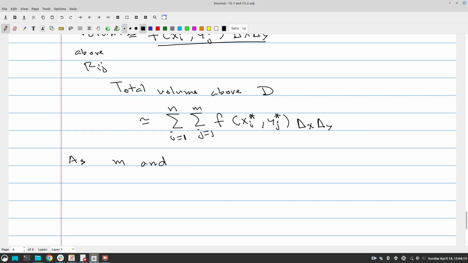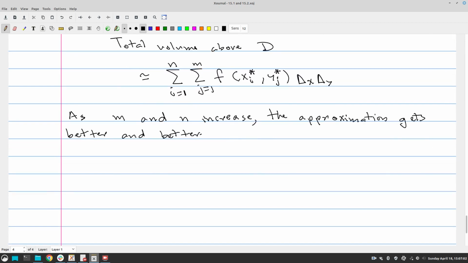As m and n, the number of subintervals, increase, the approximation gets better and better.